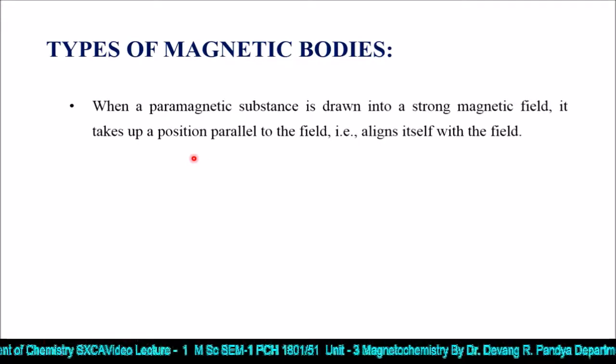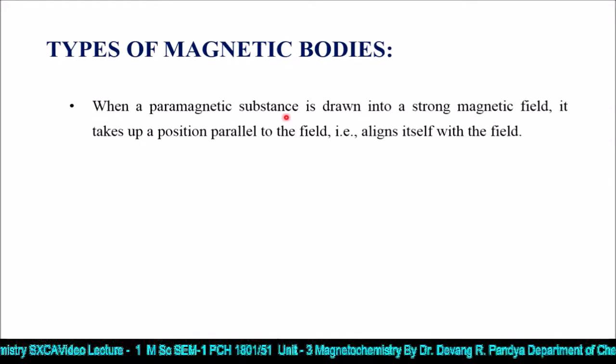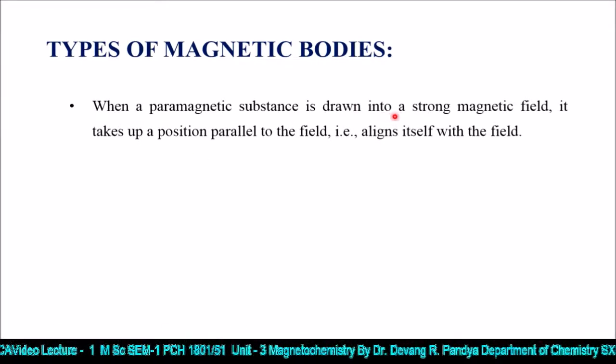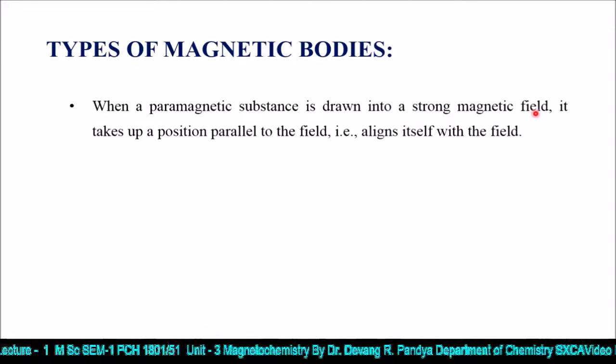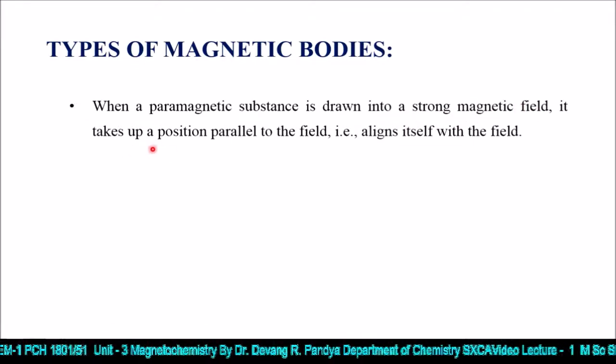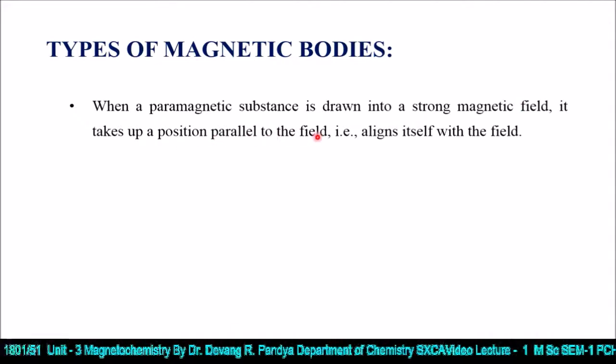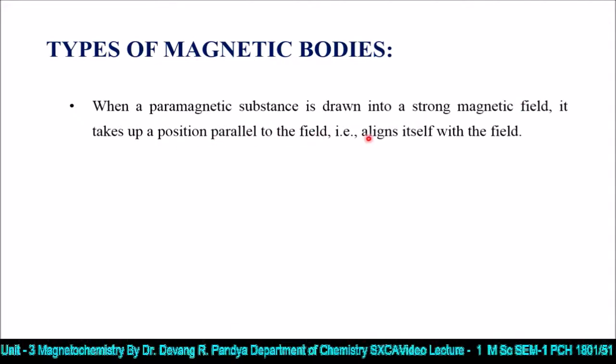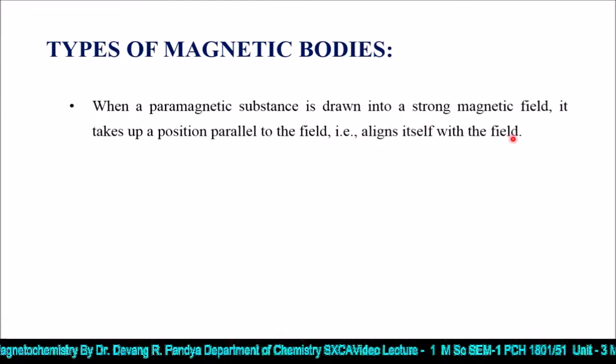The type of magnetic bodies in which a paramagnetic substance, when drawn into a strong magnetic field, takes up a position parallel to the field. It aligns itself with the field.